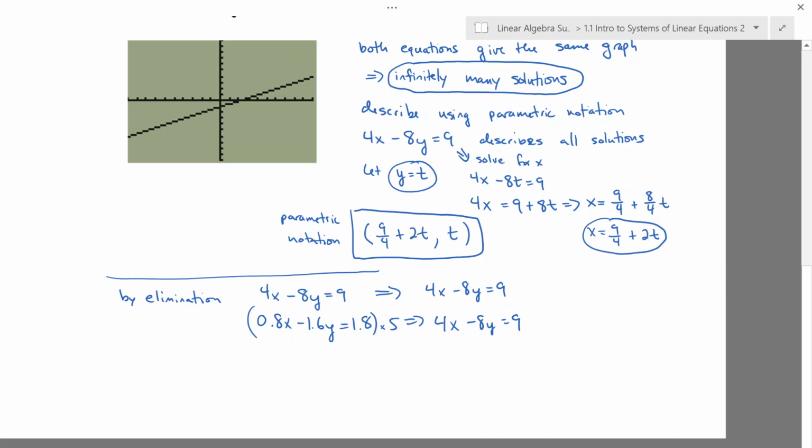Actually, let me make it have the opposite sign. So let's multiply by minus 5. Then this becomes a minus, this becomes a plus, this becomes a minus. And now I add the two equations, so everything cancels out.